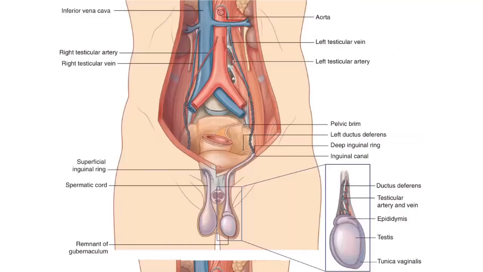You see, this is the spermatic cord, right? The scrotum, right? The contents of the spermatic cord are the ductus deferens, testicular artery and vein, epididymis, right? So this is the spermatic cord, right? It can be palpated at the inguinal ligament.